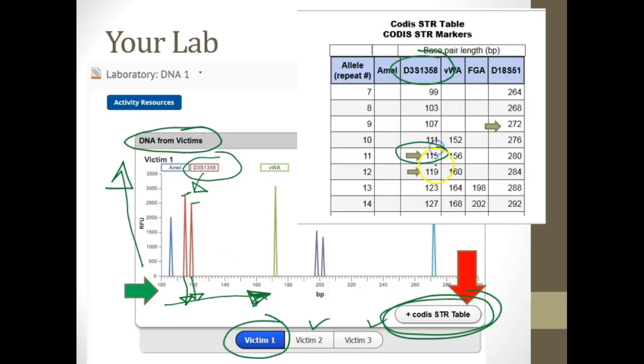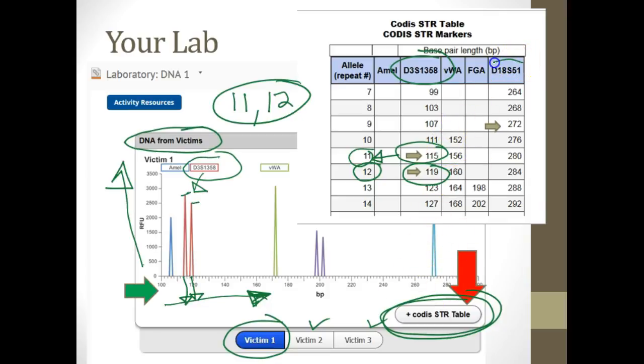And we also had a peak at 119. That correlates with a short tandem repeat of 11 and 12. So victim 1 has a D3S1358 of 11, 12.